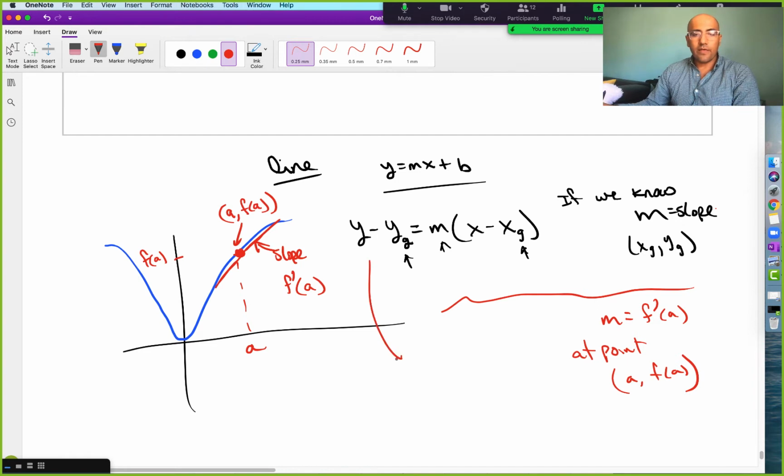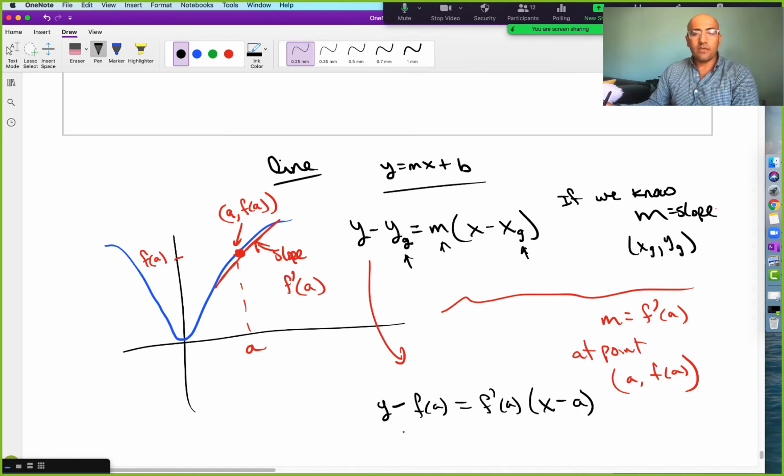Okay, so using all that information, the equation of the tangent line is going to be y minus f of a equals f prime of a times x minus a. Right?